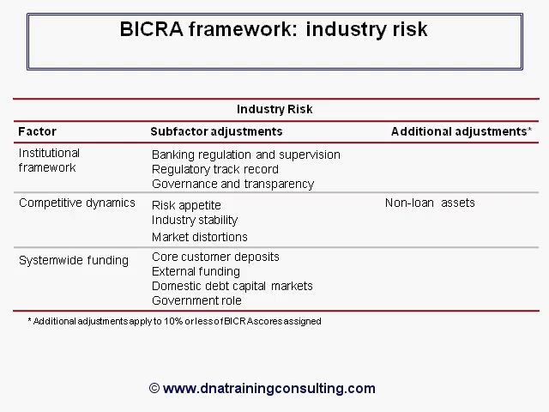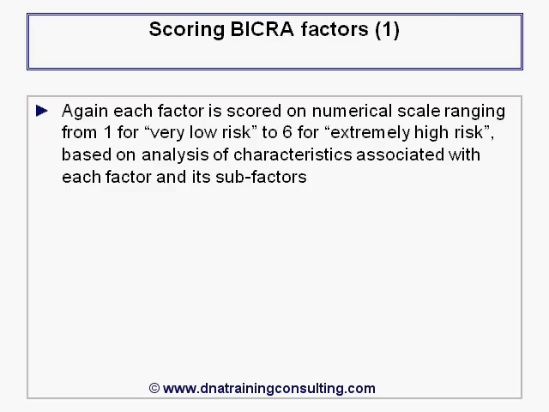As before, each factor listed above is scored on a numerical scale that ranges from 1 for very low risk to 6 for extremely high risk, based on analysis of the characteristics associated with each factor and subfactor.